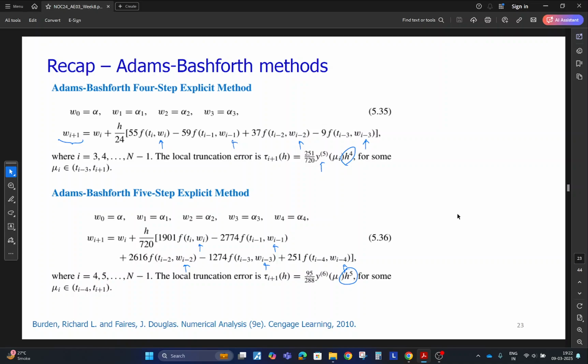In this case, the local truncation error equals 95 by 288 times the sixth derivative of y evaluated at mu i times h power 5, for some mu i belonging to the interval ti minus 4, ti plus 1.